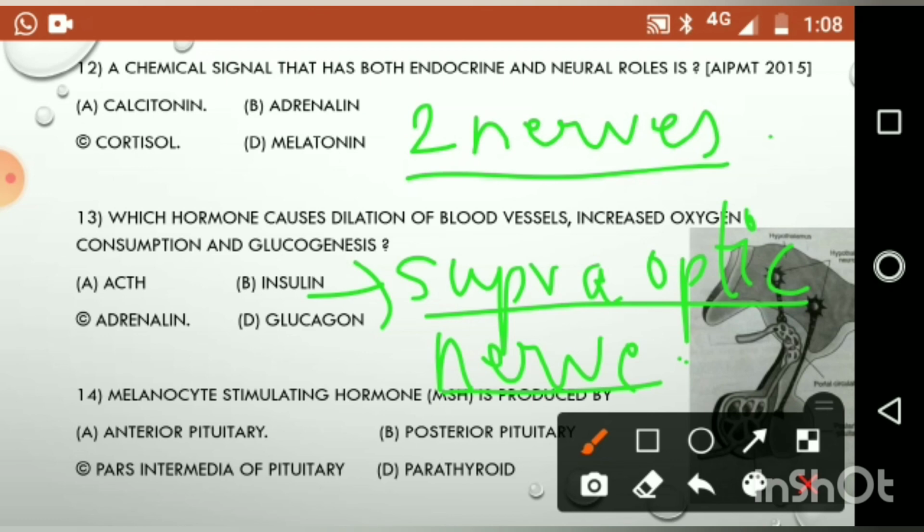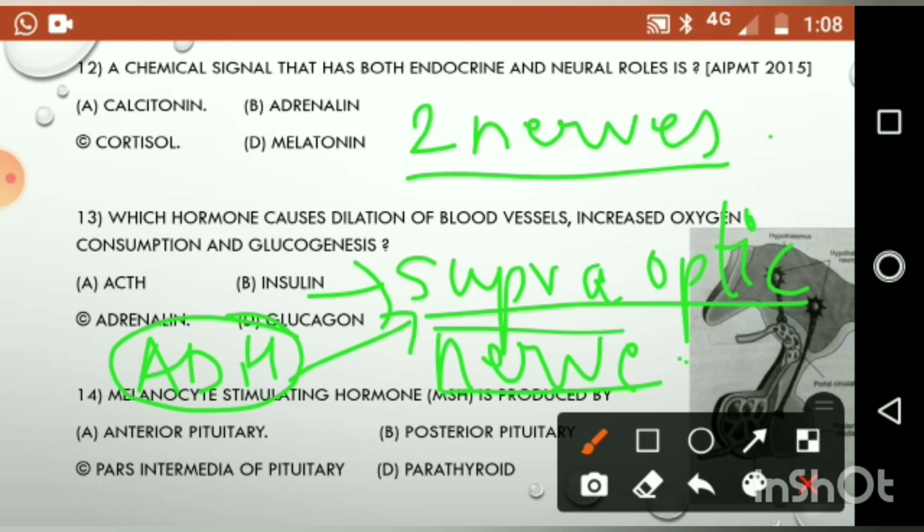This nerve transports ADH, that is vasopressin, from the hypothalamus to the pituitary for storage. Remember the word supraoptic nerve. This is your first nerve.